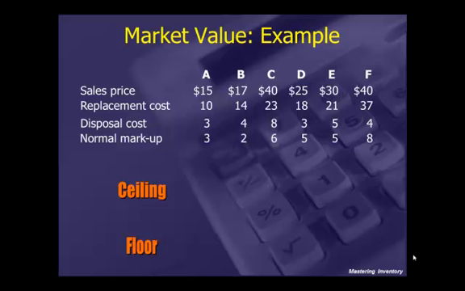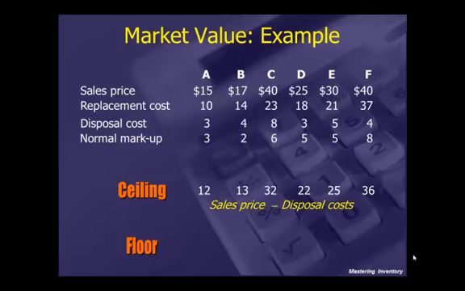All right, let's go through some examples here. We've got sales price, replacement cost, disposal cost, and normal markup for A, B, C, D, E, and F. We've got a sales price of 15 on A, replacement of 10, disposal of 3, and a normal markup of 3. So the ceiling is the sales price less the disposal costs.